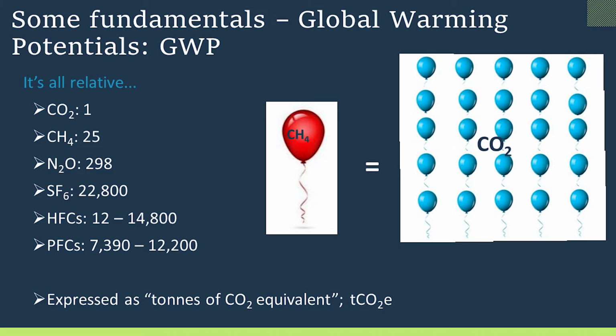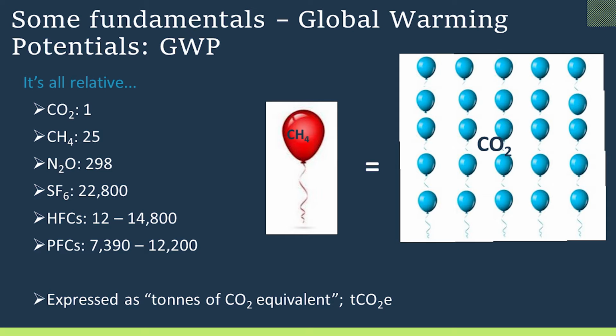So you can see in front of you that methane is 25 times worse than carbon dioxide. So that means that if you emit a ton of methane gas, it's equivalent to emitting 25 tons of carbon dioxide gas. And as you go down the list, you can see the numbers get bigger and bigger and bigger. So if you're working in a high voltage switchgear environment and you have a release of 1 kilo of sulfur hexafluoride, that's like emitting almost 23 tons of carbon dioxide.